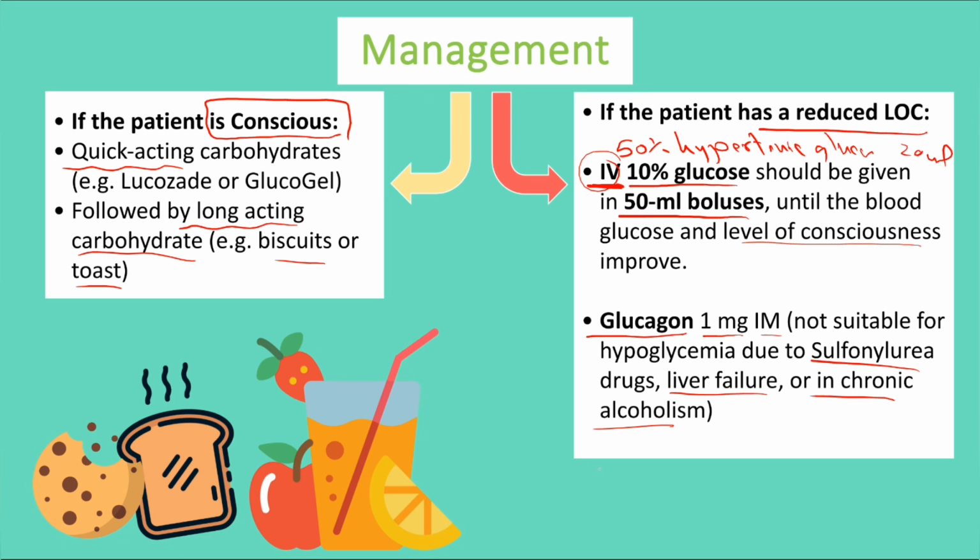If IV is not accessible and glucagon is not available, according to the WHO basic emergency course, you can put some glucose under the tongue, sublingually. So glucose sublingually can also be effective. But oral glucose is usually dangerous if you give it too much in patients with loss of consciousness, because it might lead to aspiration pneumonia.